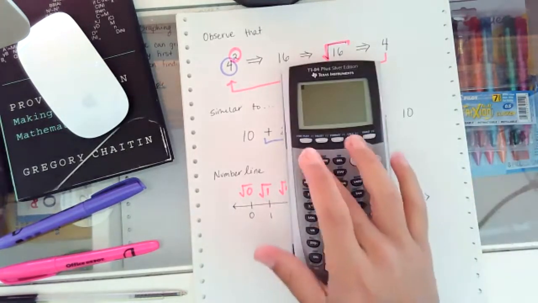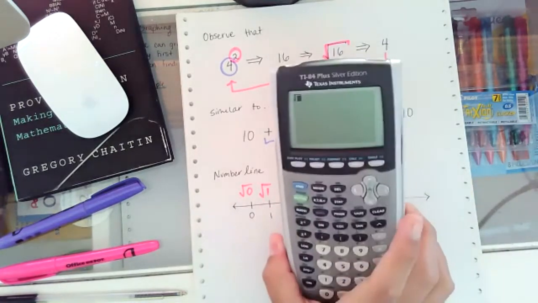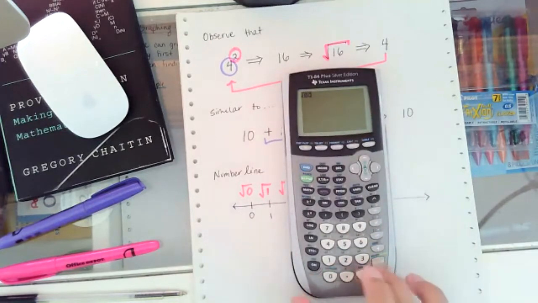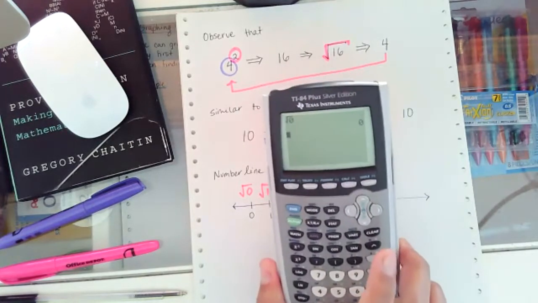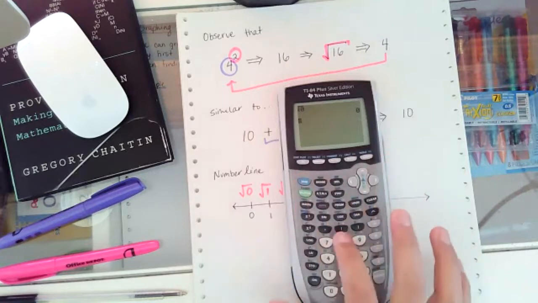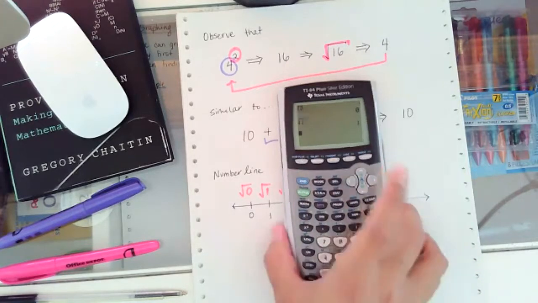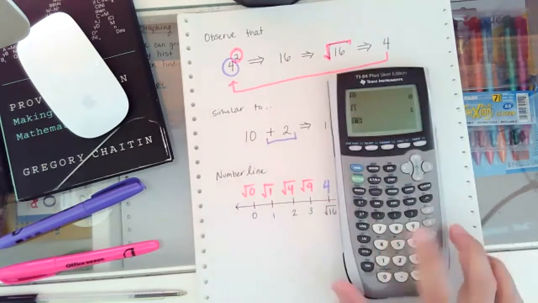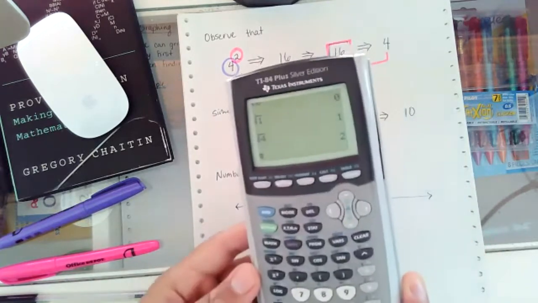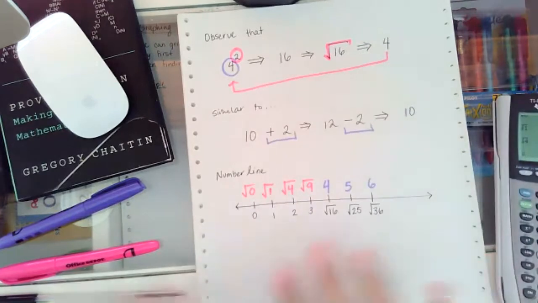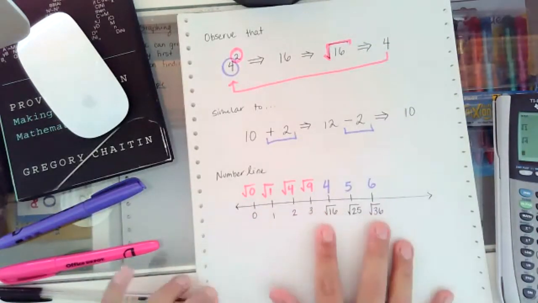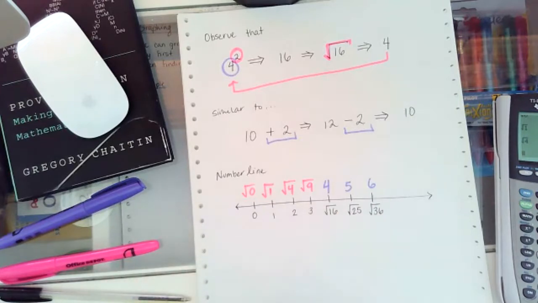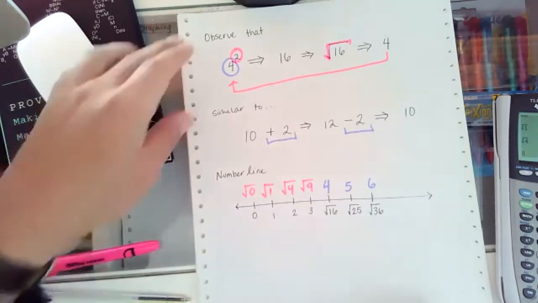If we go to the square root of 0, it returns 0. So those are the same value. The square root of 1 is 1. The square root of 4 is 2, and so on. So you could always double check this. Well, these radical expressions line up nicely with the whole numbers because they're equal in value to the whole numbers.